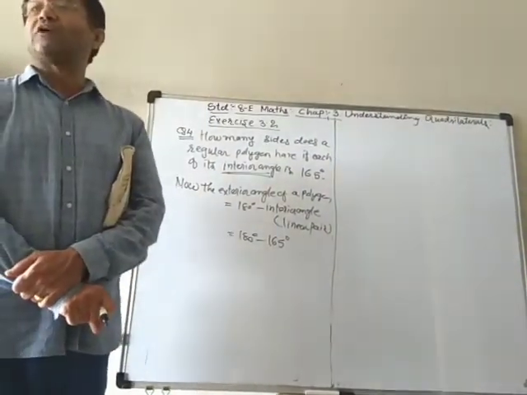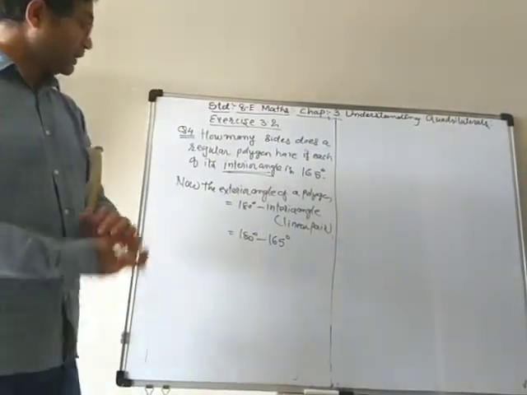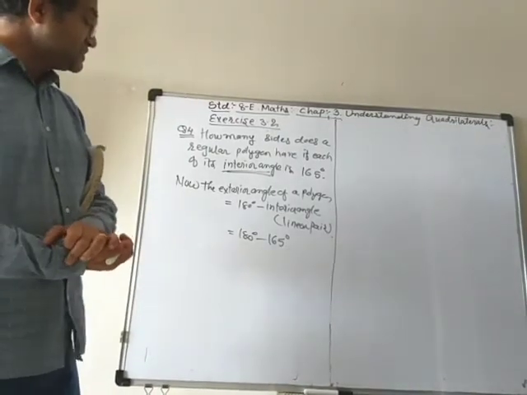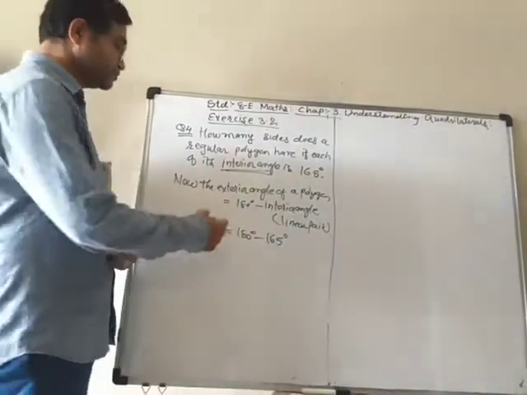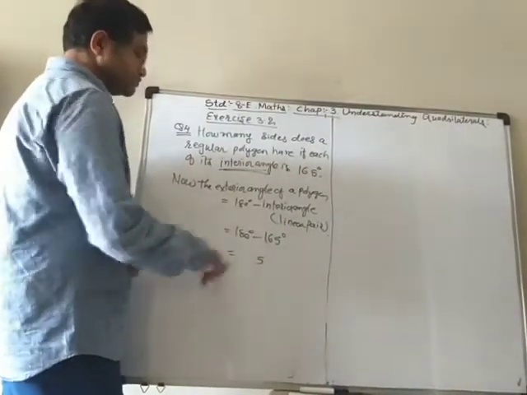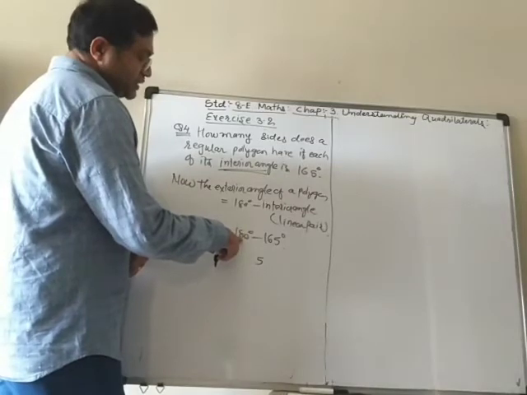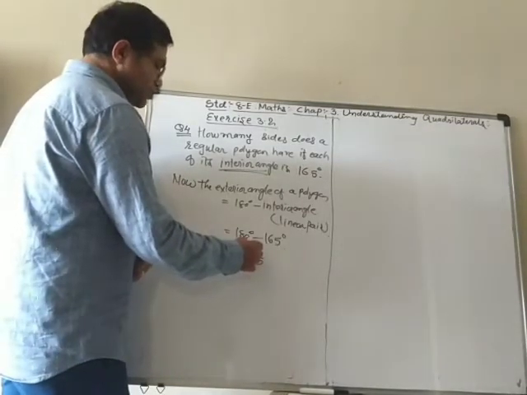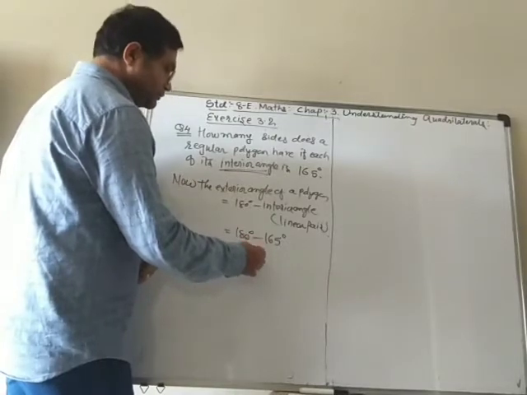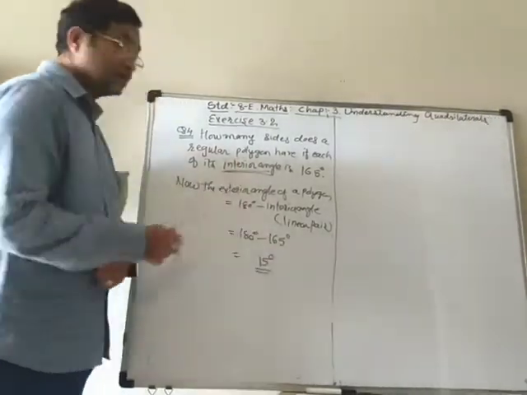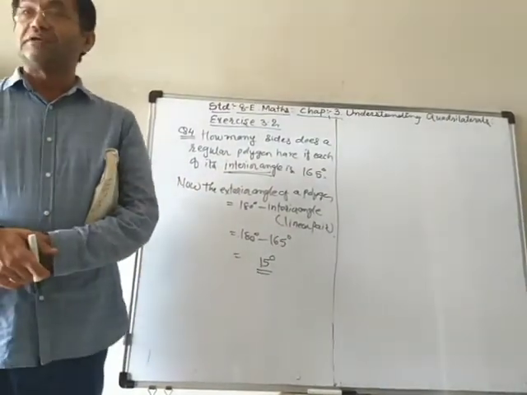So first of all, we have to subtract 180 degree minus 165 degree. So 10 minus 5 will be 5. Here 1 cut, so 7. 7 minus 6 will be 1. And 1 minus 1, 0. So this is the exterior angle.